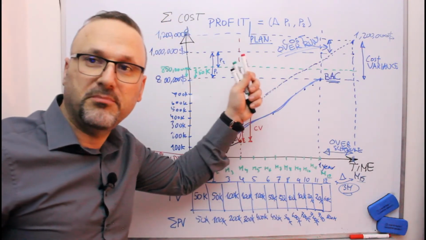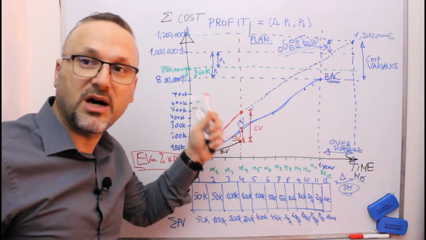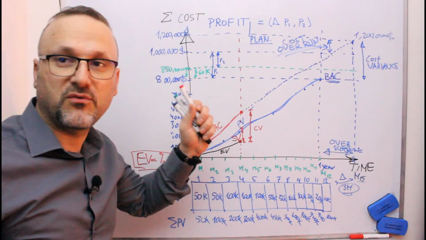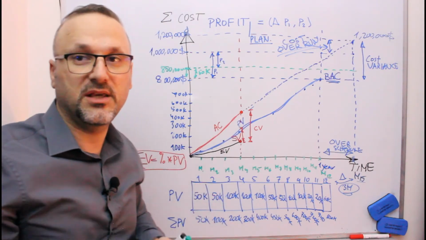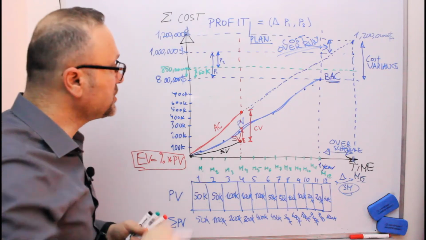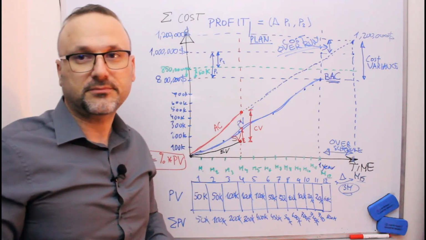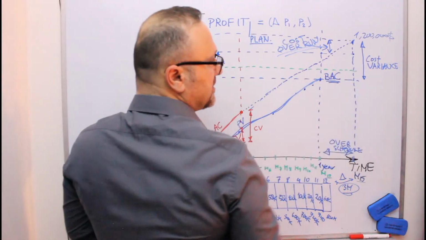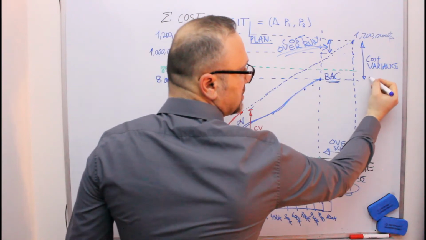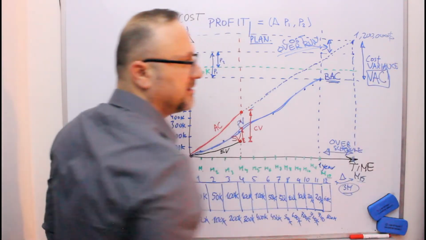It's the cost beyond the contract value. It means you start investing from your own money, and you are losing here, but you have a commitment for the project to complete it, and you have to do it. So this is the variance, the cost variance, or we also call it the variance at completion, VAC.